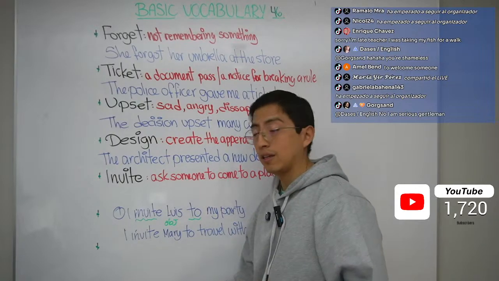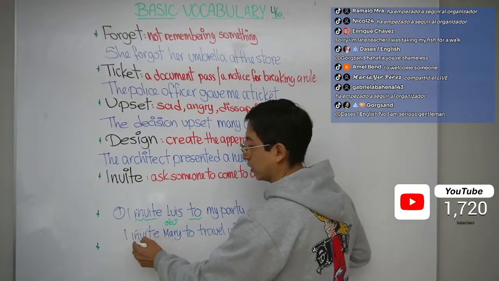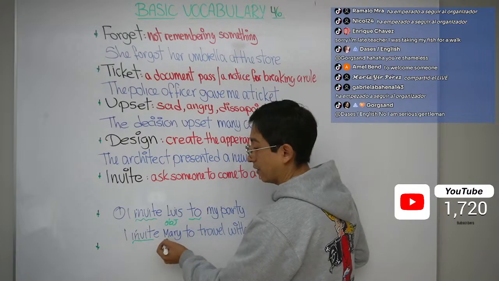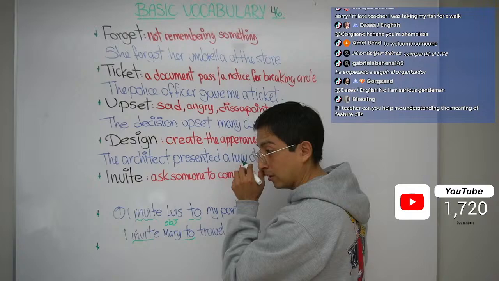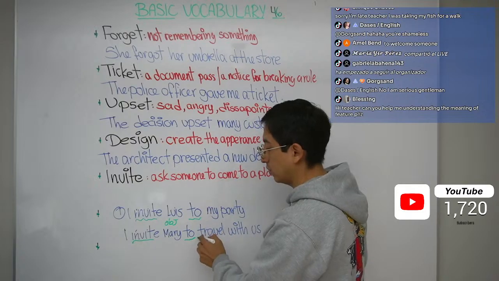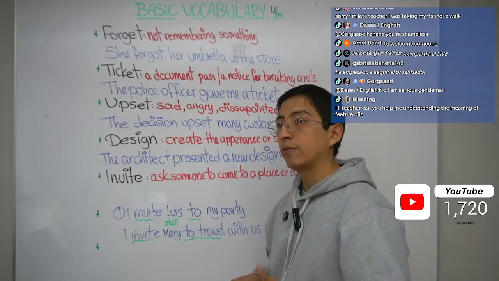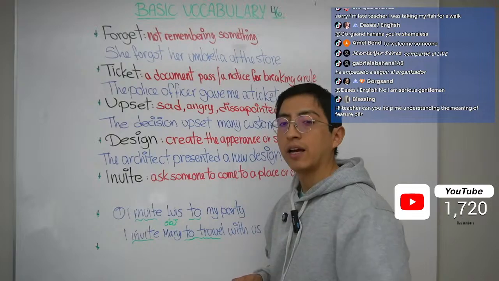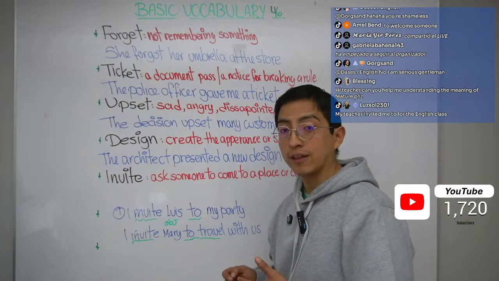So as you can see here, we're using the same thing, right? We use here invite, we have here the object, and we have here to. But now this is a little different because we're using this with an infinitive. I invite someone to travel. I invite someone to speak. I invite someone to say what he or she thinks.